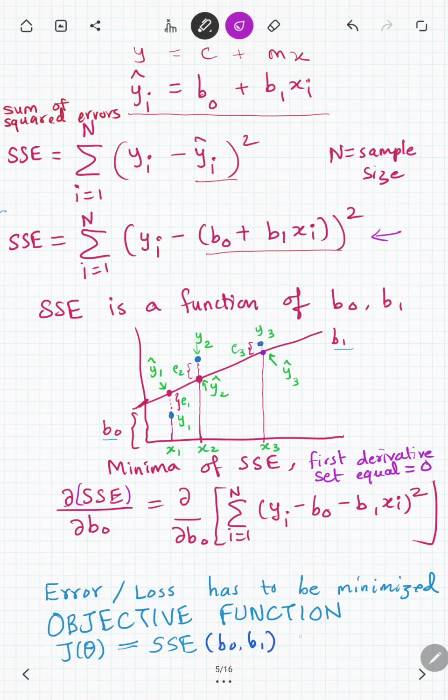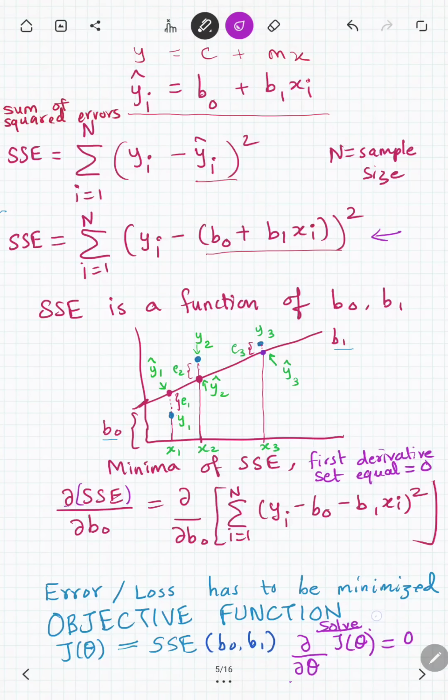So in general the procedure is, you can say that dou by dou theta of J theta, you set it equal to 0 and you solve this. You solve this to find the points where the function will have its minimum value.